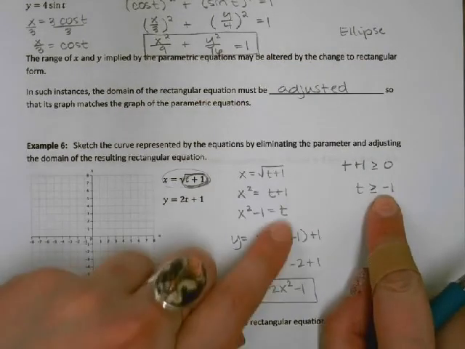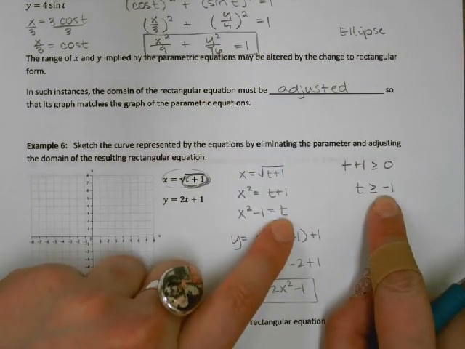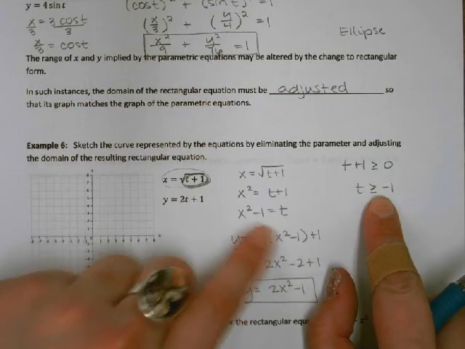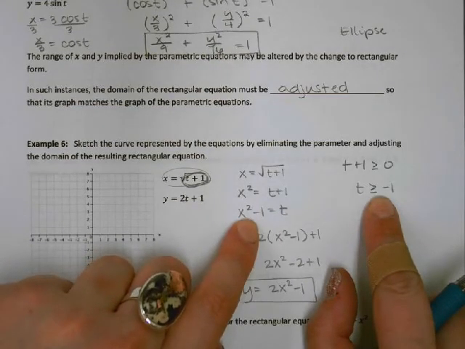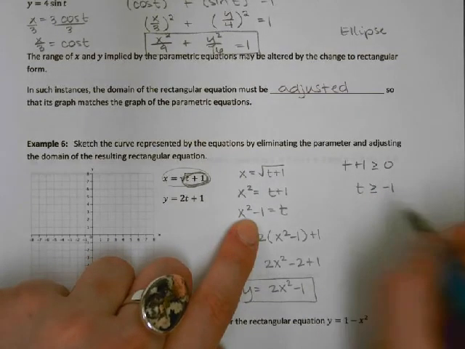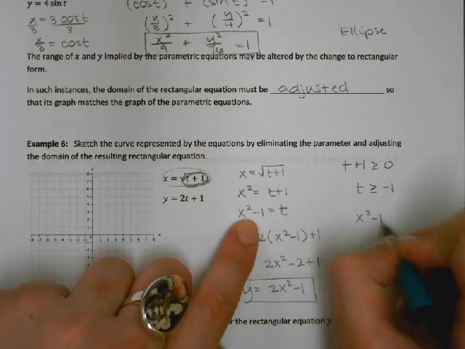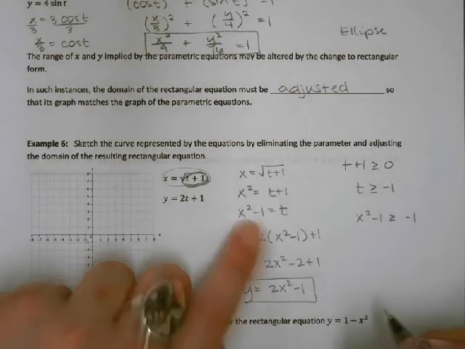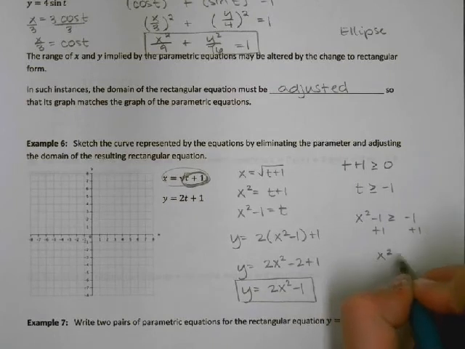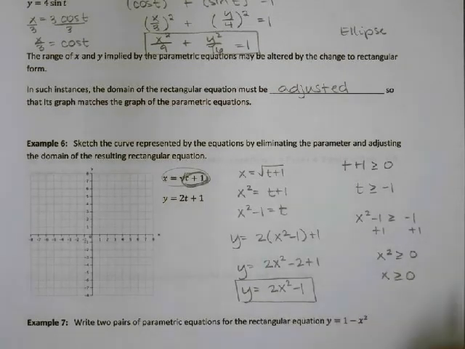So right here, where t is isolated, t has to be greater than or equal to negative 1, and since t equals x squared minus 1, then x squared minus 1 also has to be greater than or equal to negative 1. So if I solve that, I get x squared is greater than or equal to 0, and so x is greater than or equal to 0.